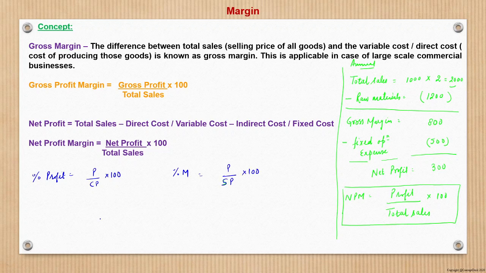So the basic difference is that profit is calculated with cost price as the denominator, while percentage margin is calculated with SP, selling price, as the denominator. So percentage margin is on the selling price. That is the basic difference.